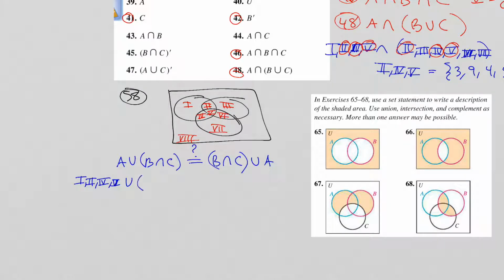Union with, what is the intersection of B and C? The intersection of B and C, this is A, B, and C, so that would be those two right there. Intersection of B and C, so that would be 5 and 6. Okay.